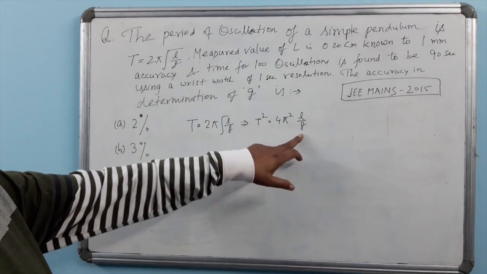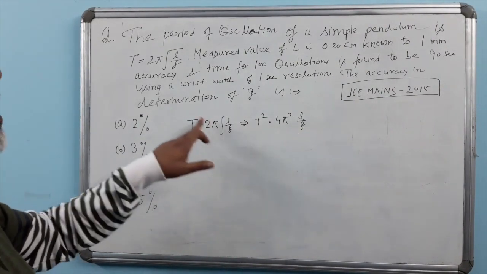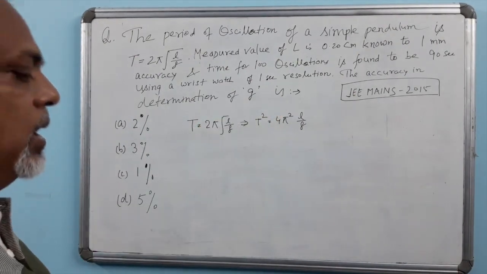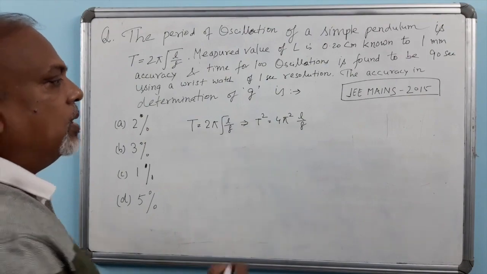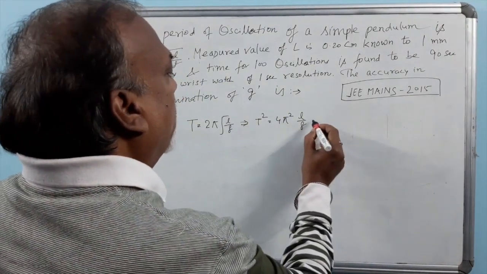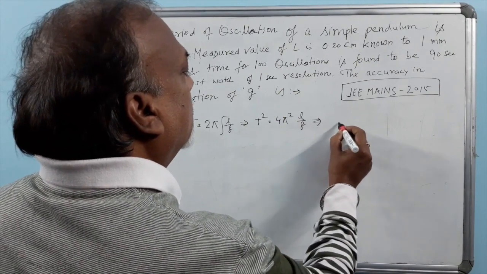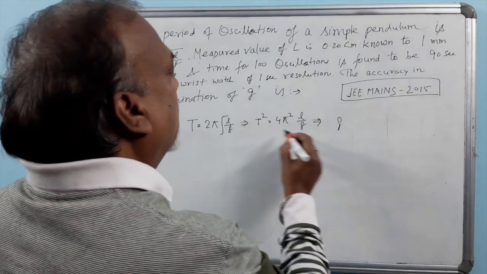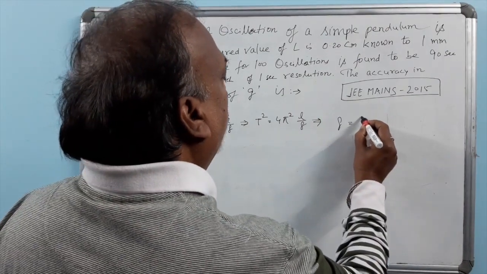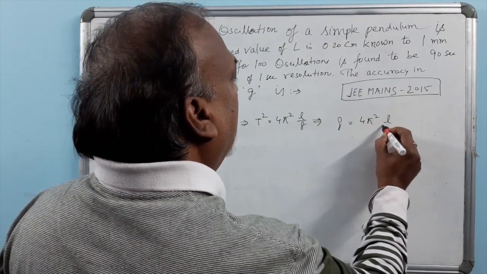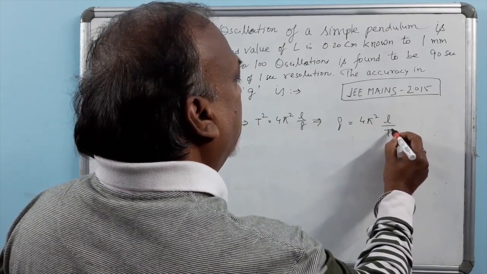Since we have been asked the accuracy in g, g will be nothing but 4π²L/T².